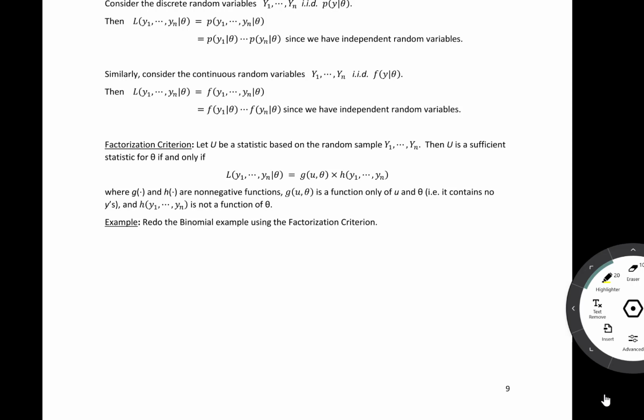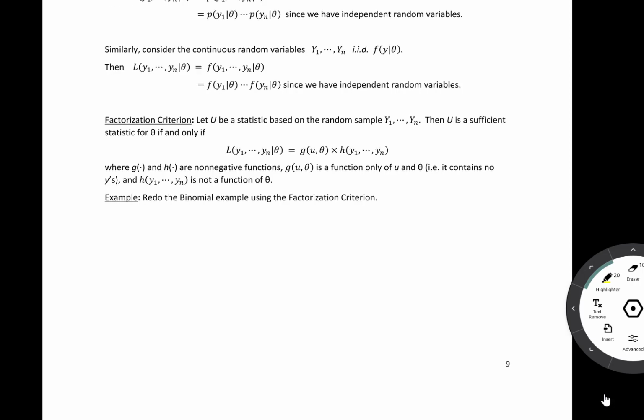And so we can redo that binomial example that we just looked at by using the factorization criterion. It makes it a little bit easier. So recall for this example, we had that the X1 through Xn were IID binomial 1, p, and that Y, equal to the sum of the xi, was distributed binomial n, p. So let's write out what our likelihood function is first.